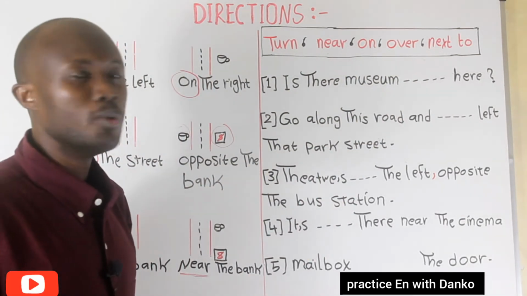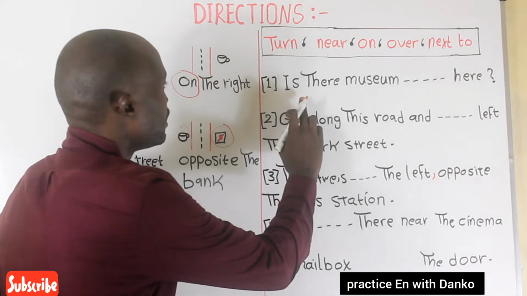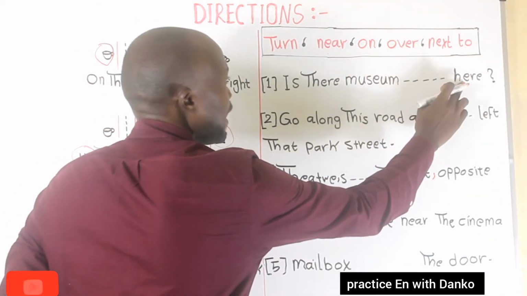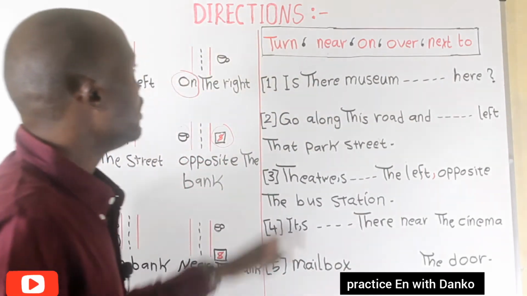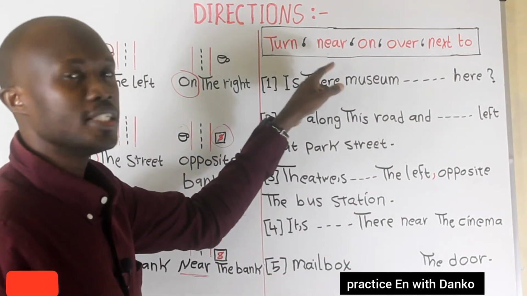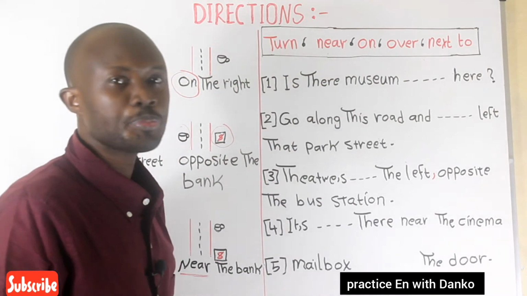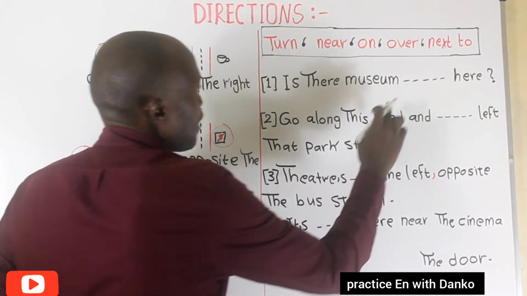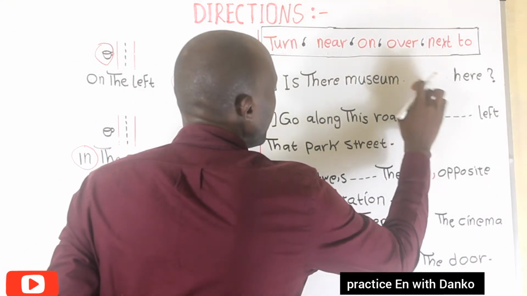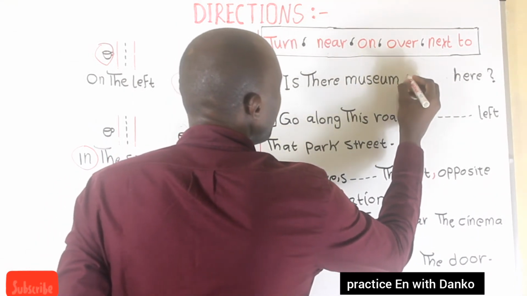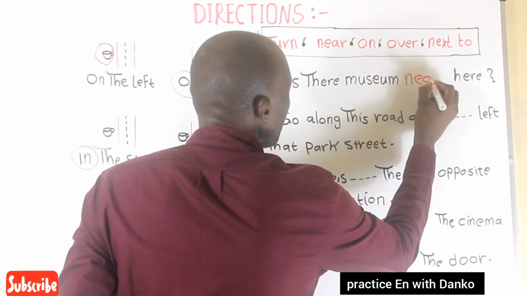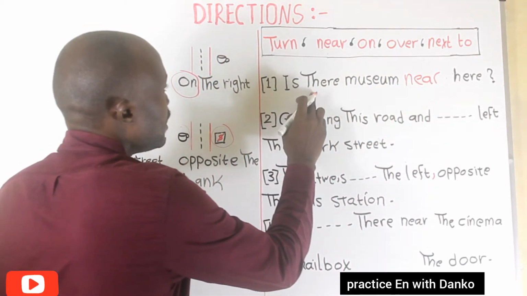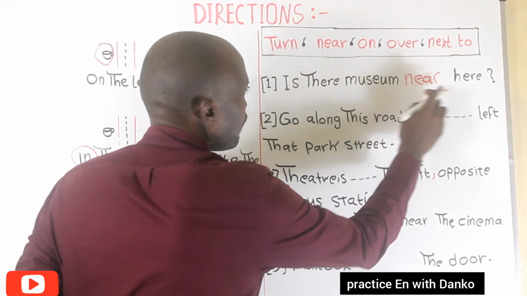If someone asks you this question, what is the preposition of place that works with this one? In my opinion, I'm going to put near here. Is there a museum near here?